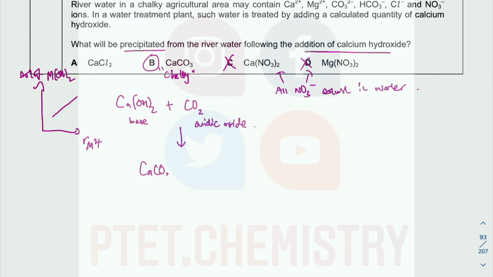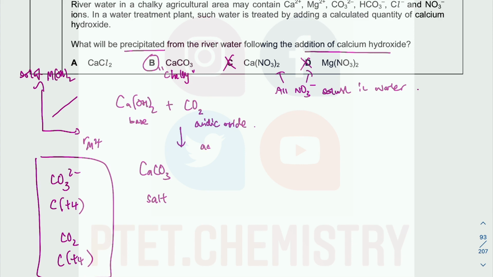That means you're going to get a salt. The salt of carbon dioxide is CO3 2-, because there is carbon in the +4 oxidation state. Guess what it was before? CO2 is also carbon +4, because this is an acid-base neutralization. A neutralization is not a redox.